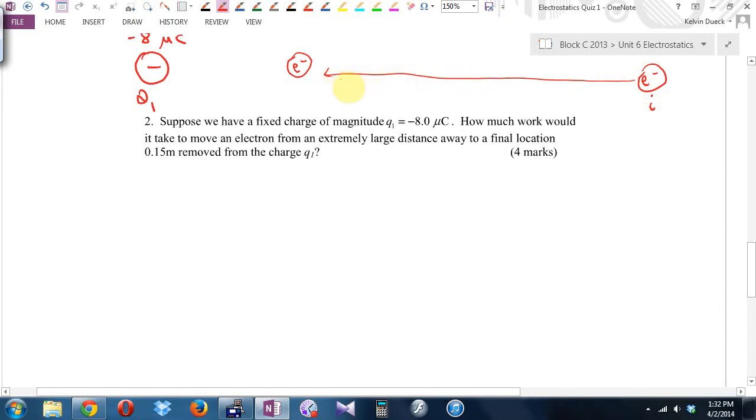Does it want to move towards the negative? So will it take work? Yeah, I'm going to have to push. So I should get a positive answer. Okay. And our final location is going to be 0.15 meters.